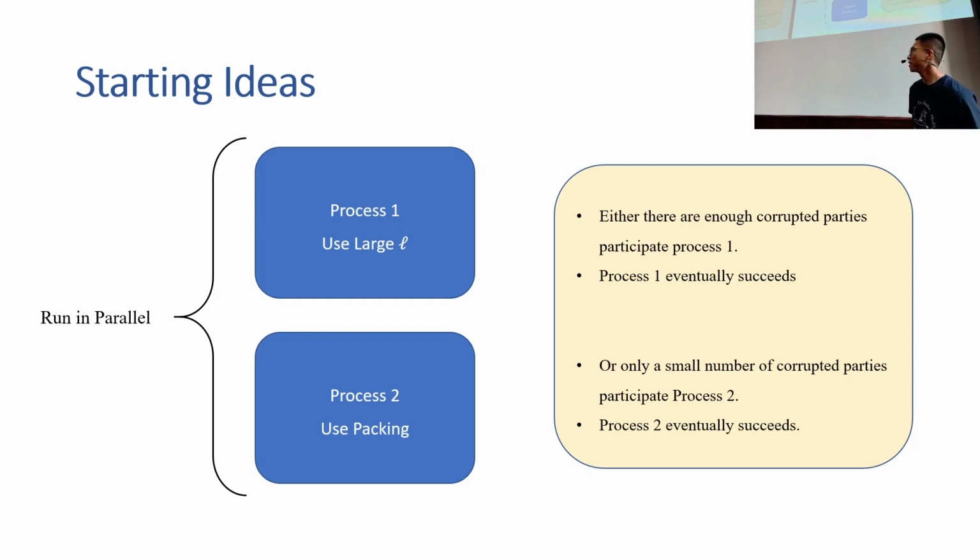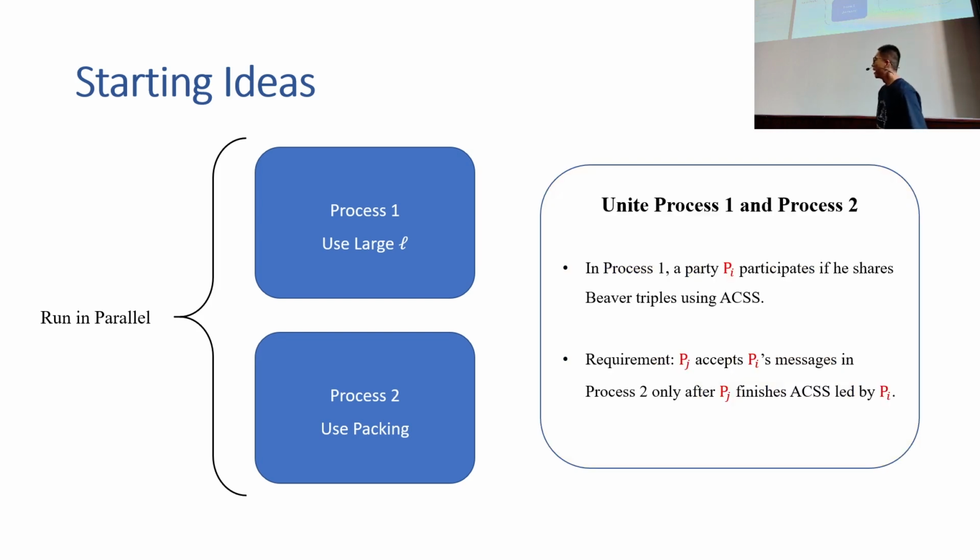And the idea of uniting these two processes is actually very simple. Observe that in the first process, we just need each party to share their Beaver triples. So a party participates in the first process just means that this party is sharing his triples.